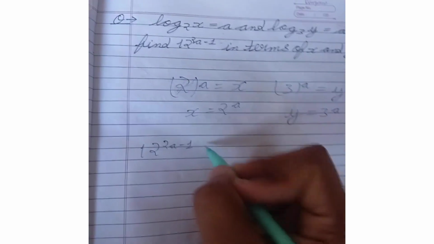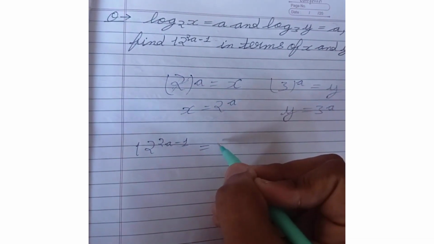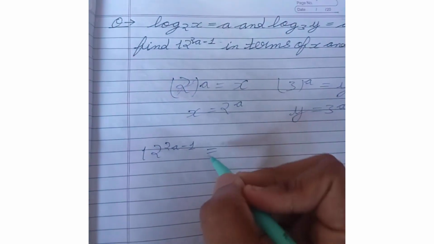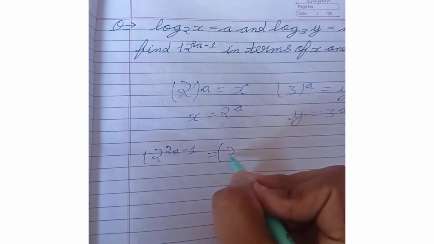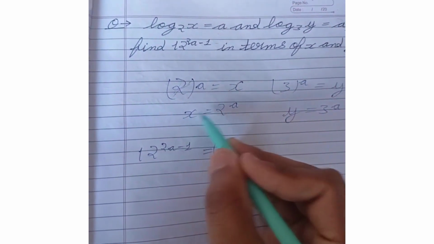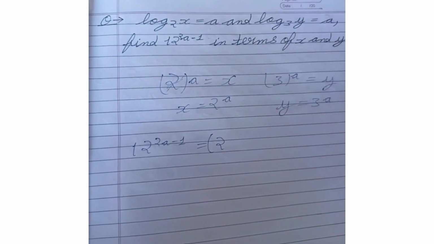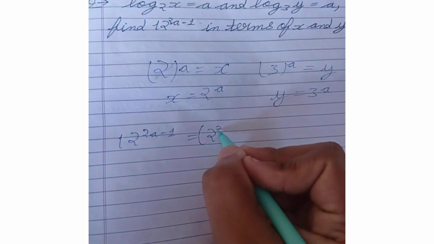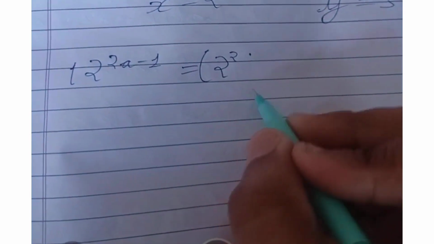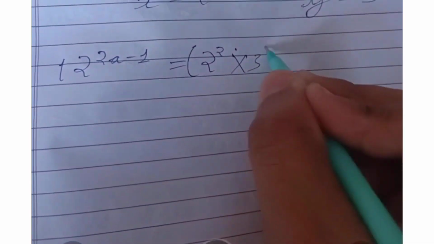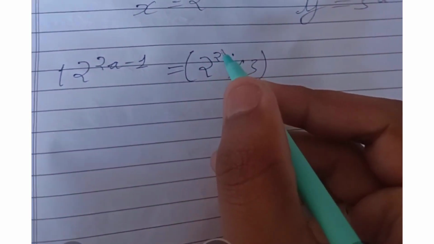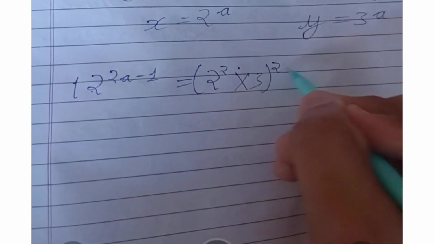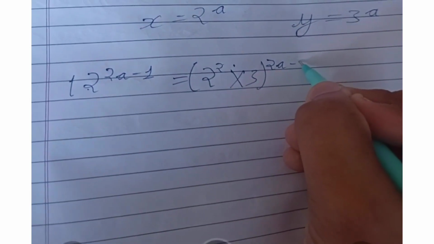So first step is like this, 12. How can we expand 12? We can expand 12 as 2. Here the x value is 2. So we have to expand 12 in 2 and 3 only. So 2 power 2 is 4 into 3. Now 2 power 2 is 4 into 3 is 12. Now 12 is there and the power is 2a minus 1.